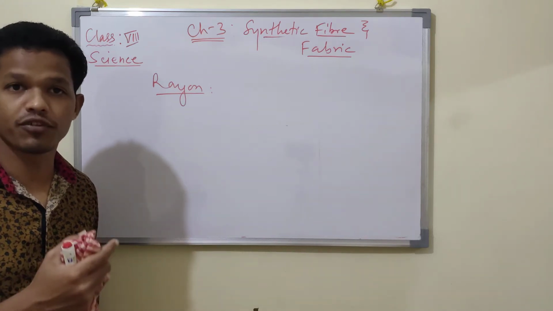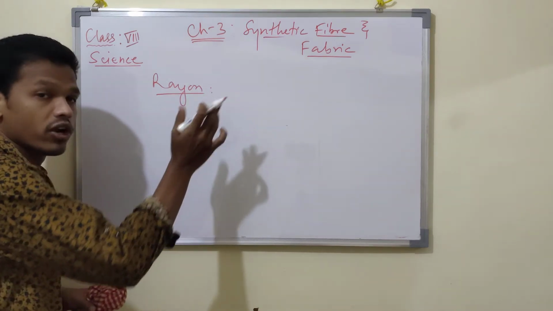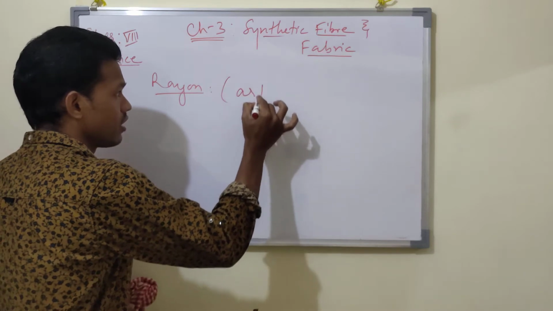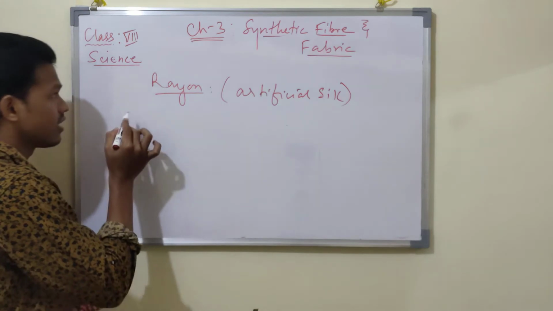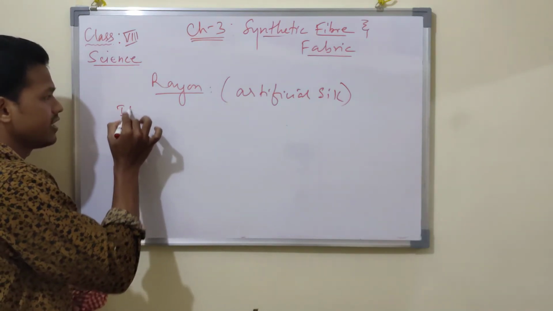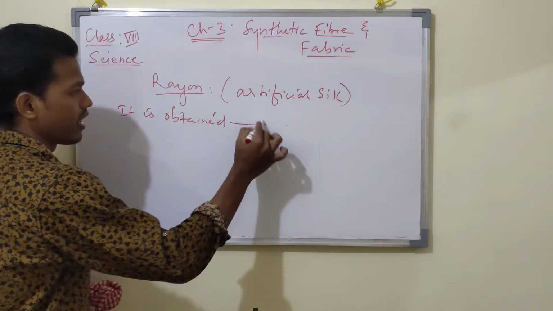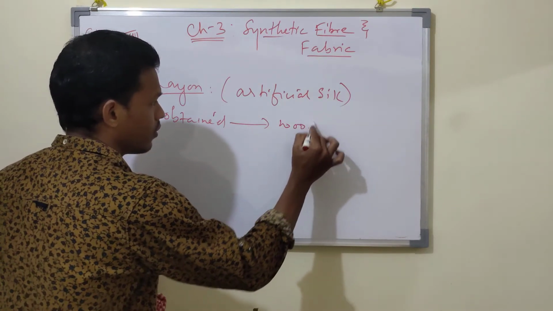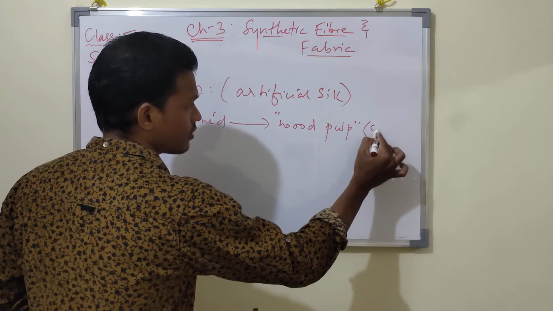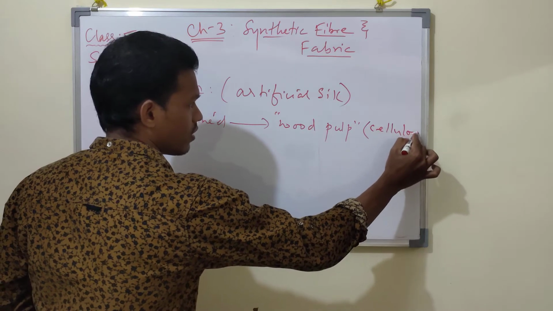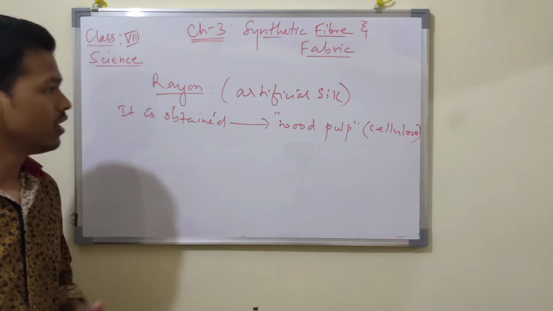This artificial silk is obtained from where? Wood pulp. This rayon is also called artificial silk. It is obtained from wood pulp, that is cellulose.